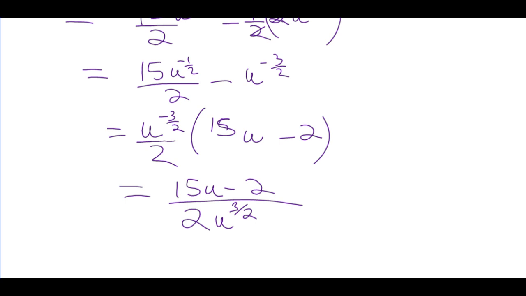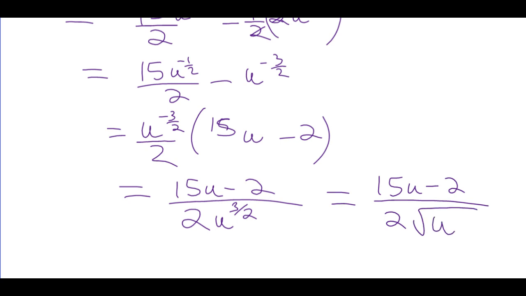Or in radical form, 15u minus 2 over 2 times the square root of u cubed. I think that's right.